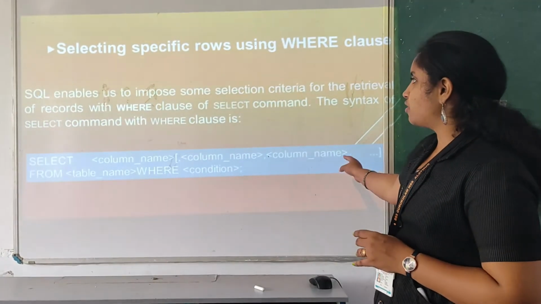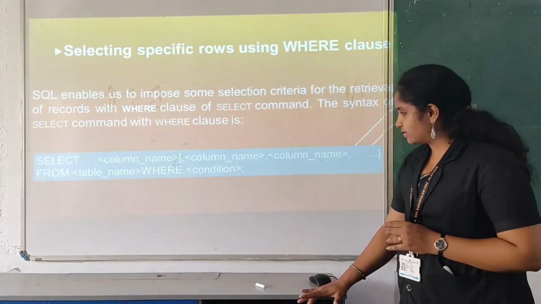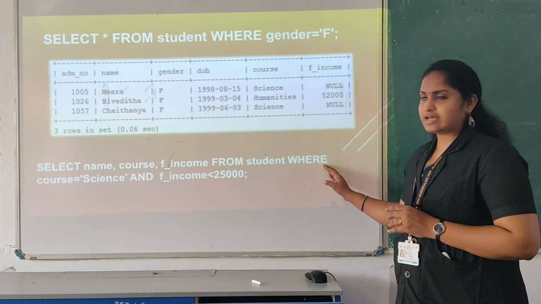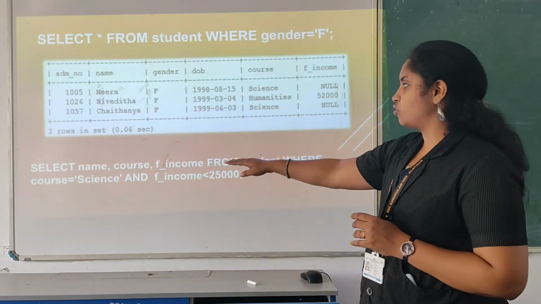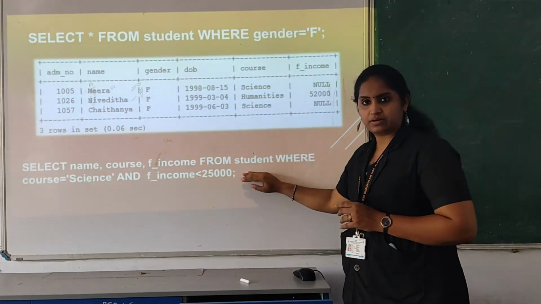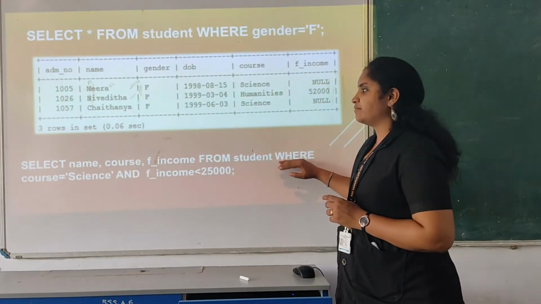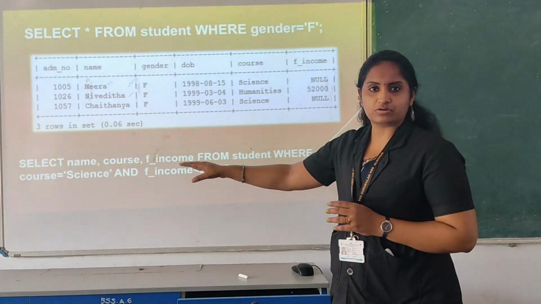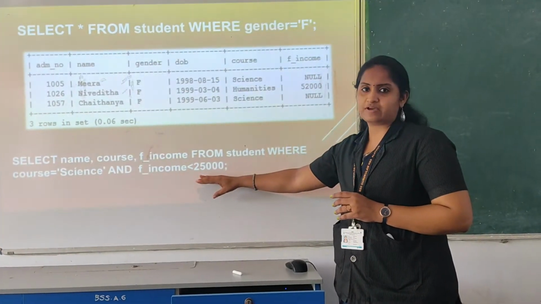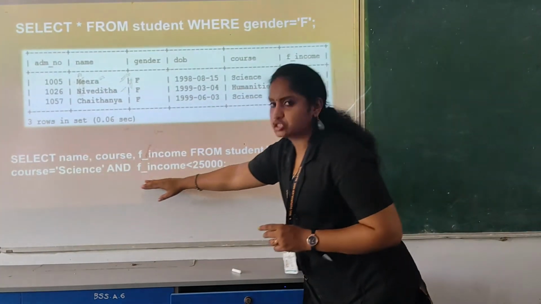Here, if you want to select with a condition, you can use the where clause. That means select name, course and family income from the student table where course equals science and the family income is less than 25,000.